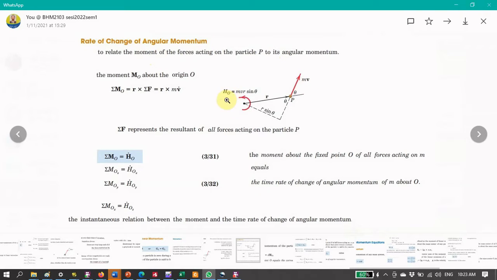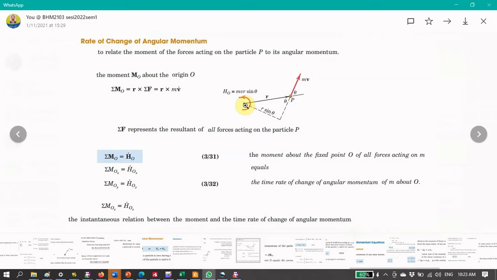Angular momentum actually is the moment of linear momentum of the particle about a center, the location of the origin, right? So this is what we understood.